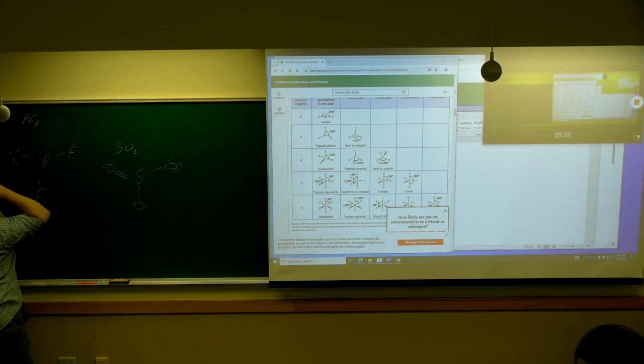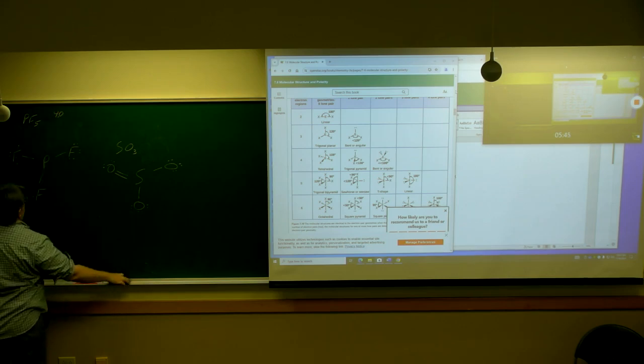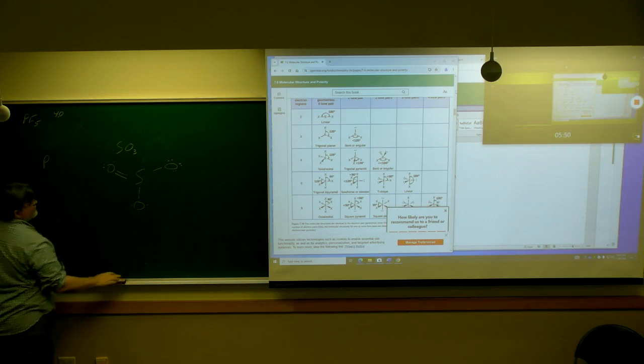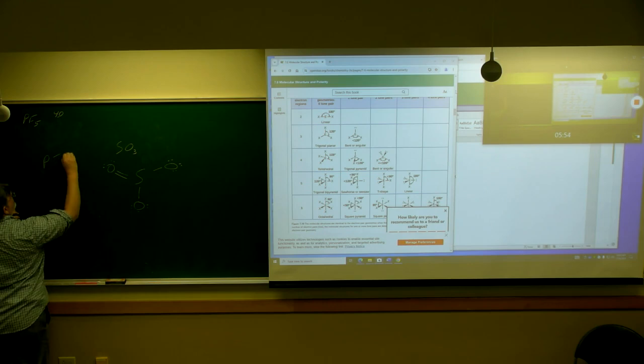So now how many electrons? 35 plus 5, so there's 40. Is that right? 40 electrons? So now I'm just going to do this.